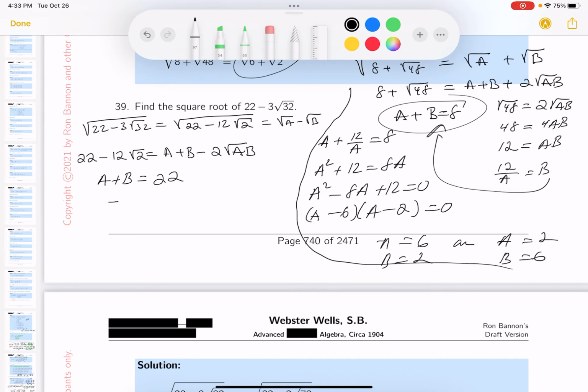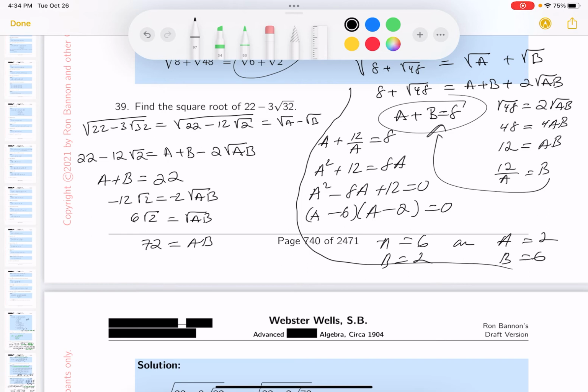And minus 12 root 2 is equal to minus 2 root AB. And this is really the same thing we're doing over and over again, actually. So what am I going to do? I guess I divide both sides by minus 2. You would get 6 root 2 equals root AB. I think I'd square both sides. And what do you get? You get 36 times 2, which is 72, equals AB.